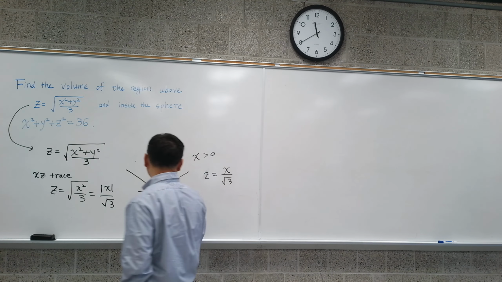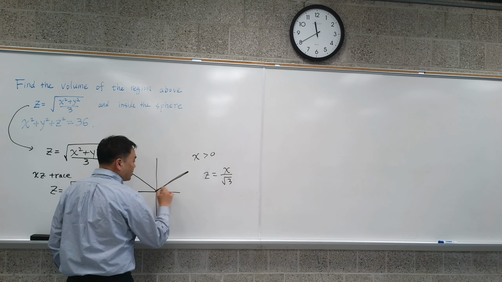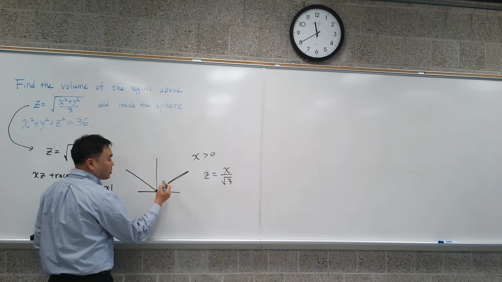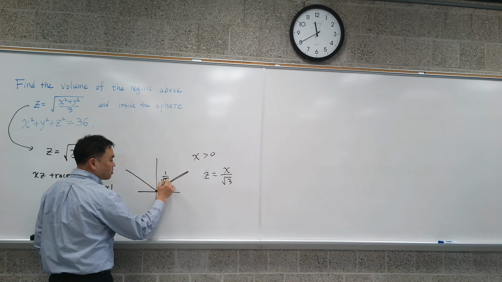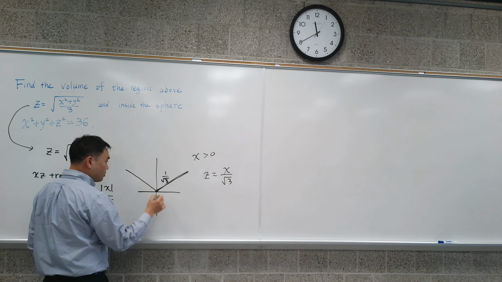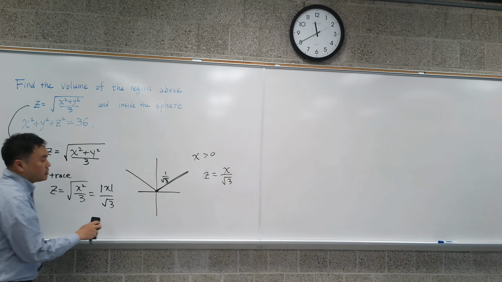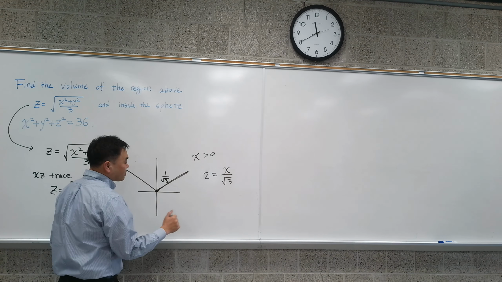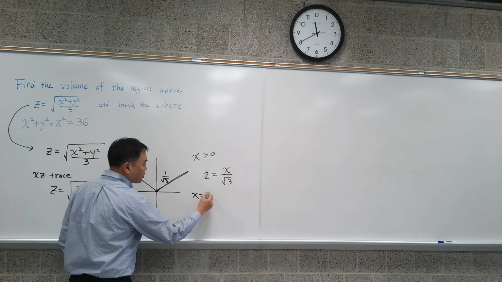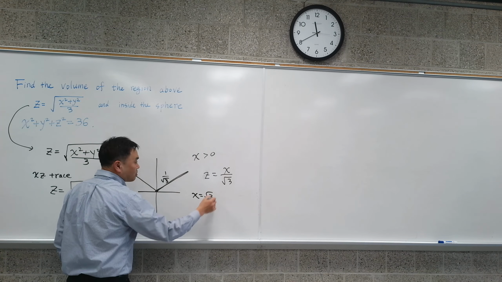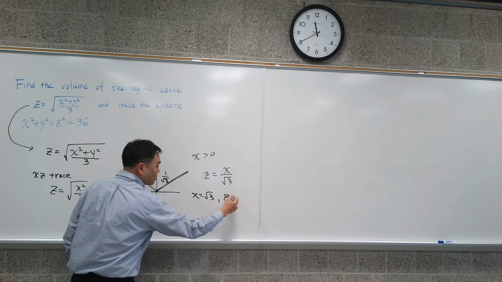So this one right here has a slope of 1 over square root of 3. That's the slope. In other words, if x is square root of 3, then plugging that in, z becomes just 1, right?